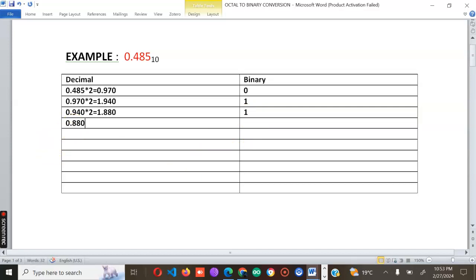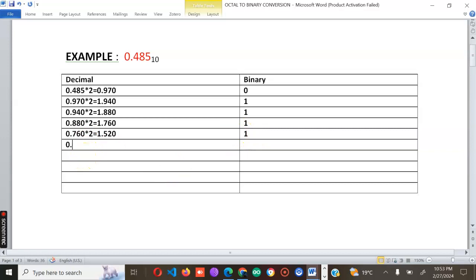So we have 0, 0, 1, 1. Next, 0.880 multiplying by 2 gives us 1.760, and you write down the 1. Then 0.760 multiplying by 2 gives us 1.520, and you write down the 1.